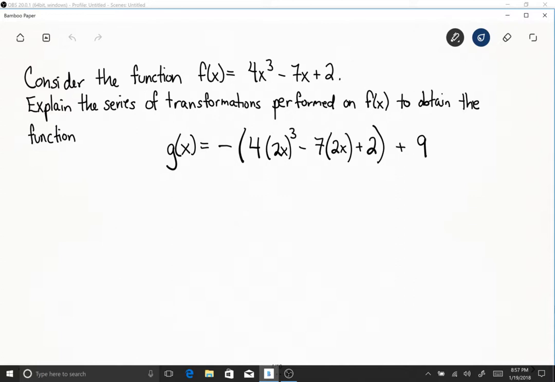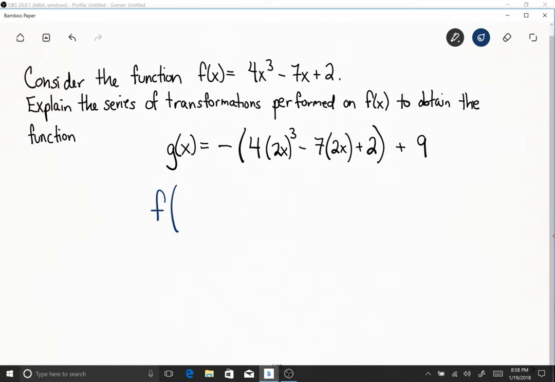Explain the series of transformations performed on f of x to obtain the function g of x equals negative the quantity 4 times 2x, that quantity cubed, minus 7 times 2x, and then plus 2. Okay, so notice what's happened here. How do we move from f of x to this function? What we need to do is figure out what we do to f of x.